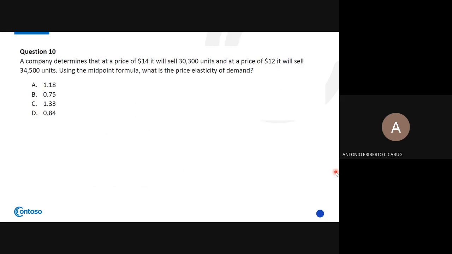Very good. Okay? Naalala niyo pa yung calculations? We'll give you 2 minutes for this one.